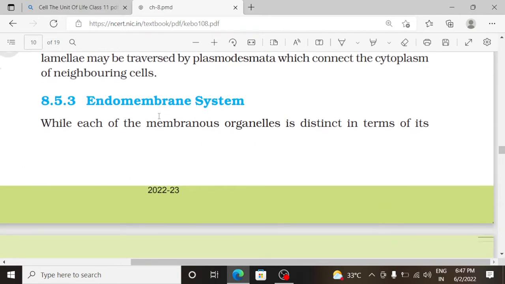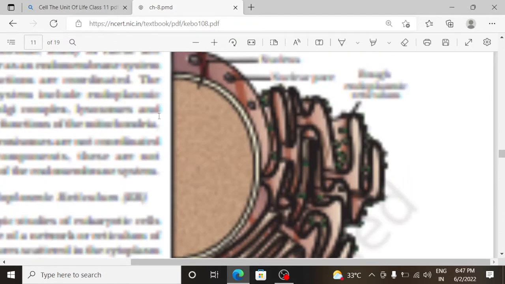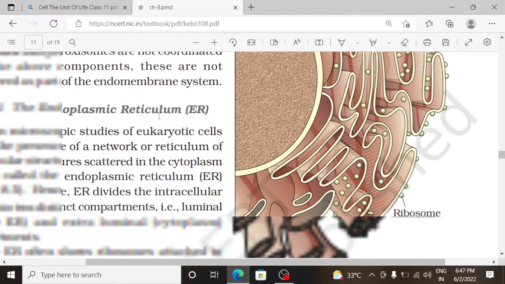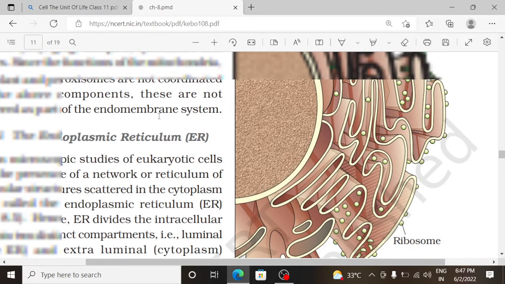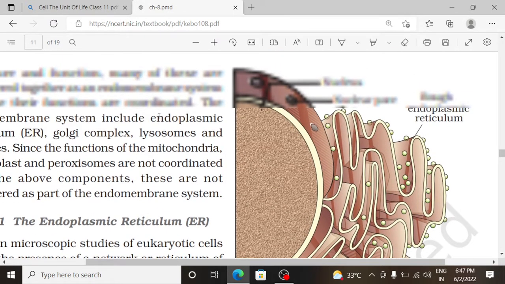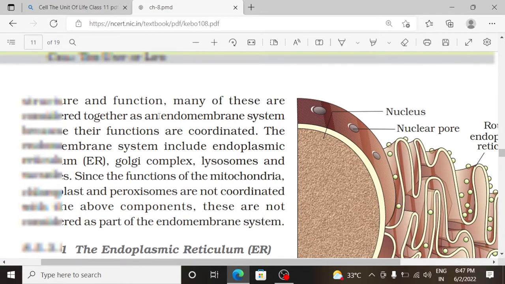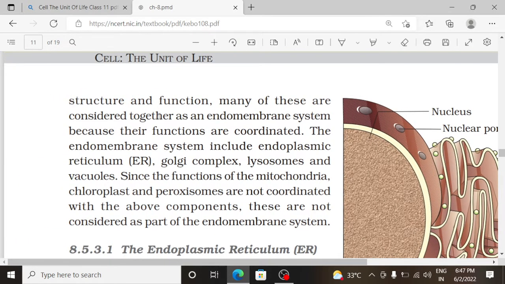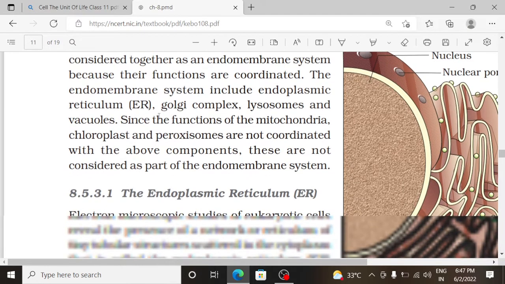Now the endomembrane system. While each of the membranous organelles is distinct in terms of structure and function, many of these are considered together as an endomembrane system because their functions are coordinated.